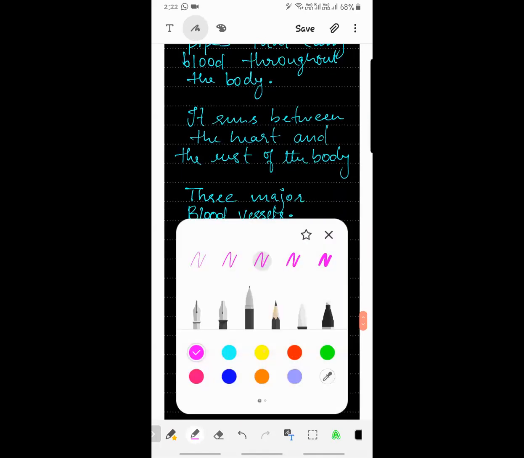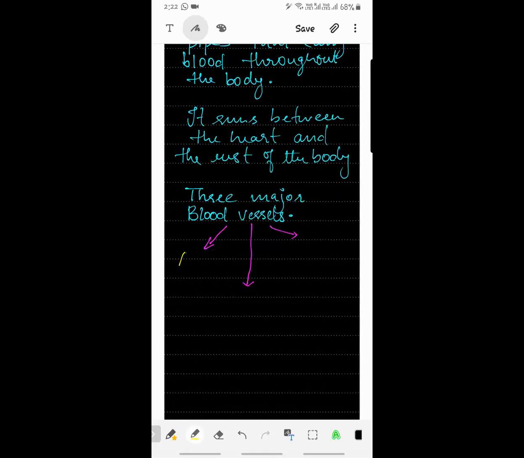The first one is artery, the second one is vein, and the third one is capillaries. Please ignore my spelling mistakes. As I have already shown you how capillaries, arteries and veins are formed.